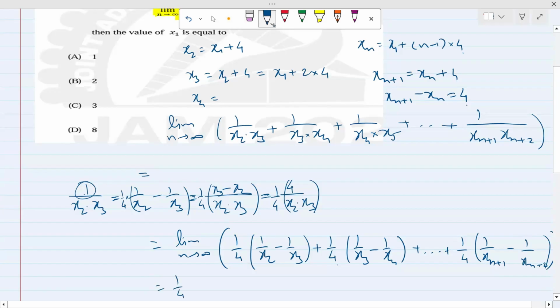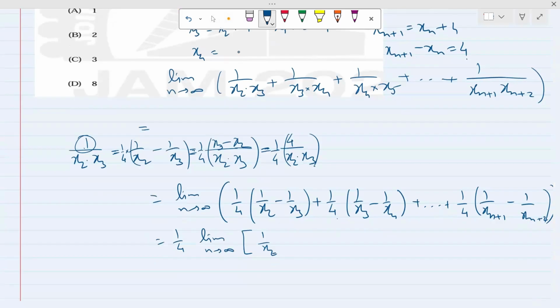Finally I can pull out 1 by 4, and what is left inside is 1 by x2 minus 1 by x_{n+2}.